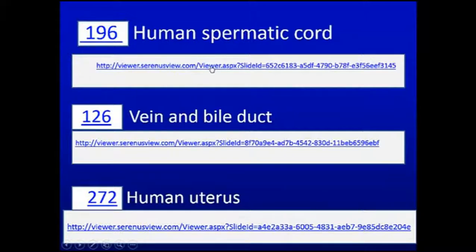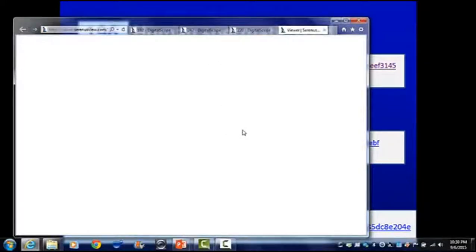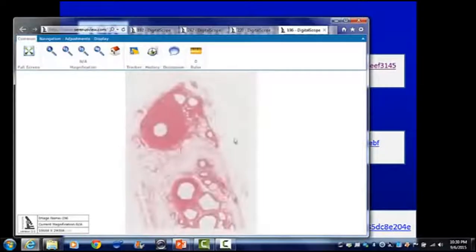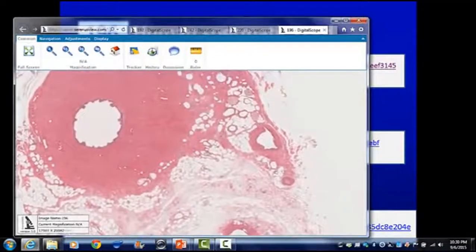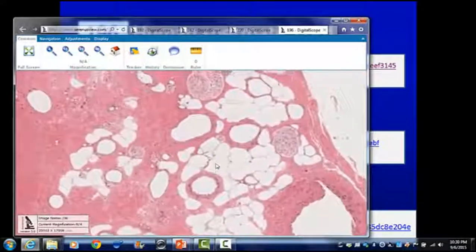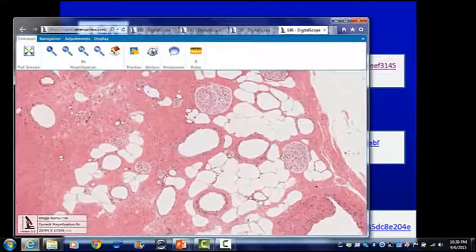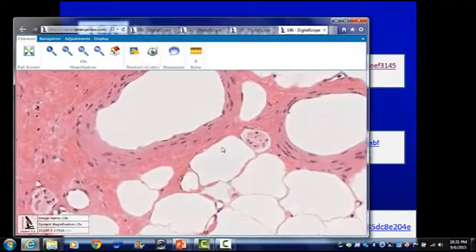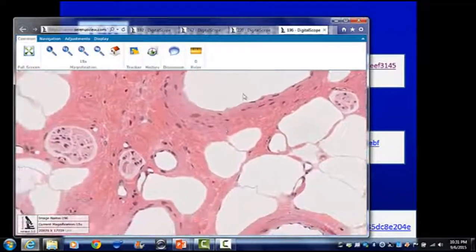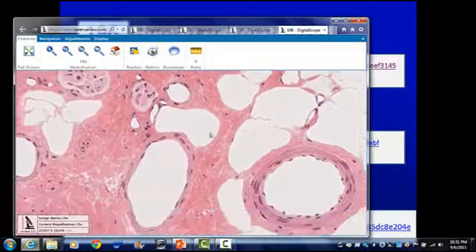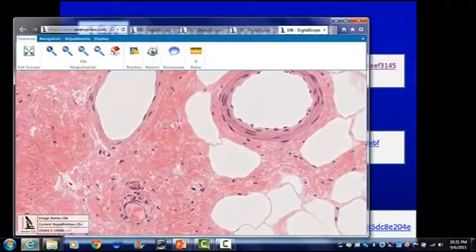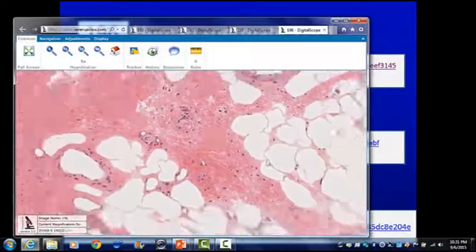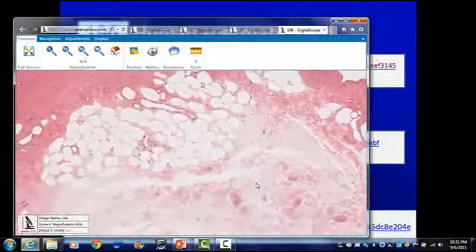So if we take a look at some of those, this is a spermatic cord that we can see, and this is just some vessels that we see in the spermatic cord. Here's some nerves in the cord, but this is an artery that's in the cord, and more nerves that we see. Another arteriole here, another arteriole there.